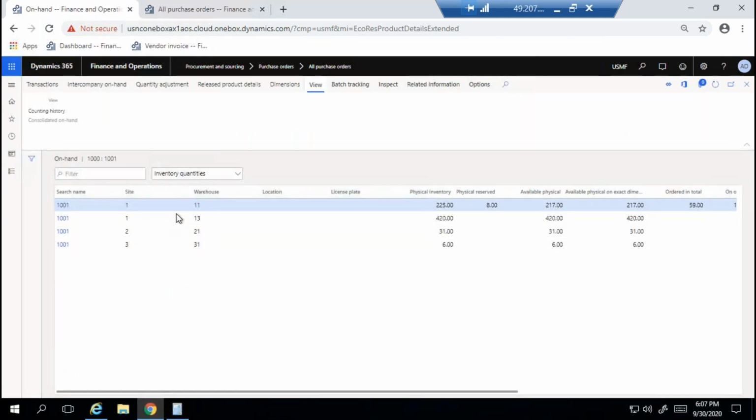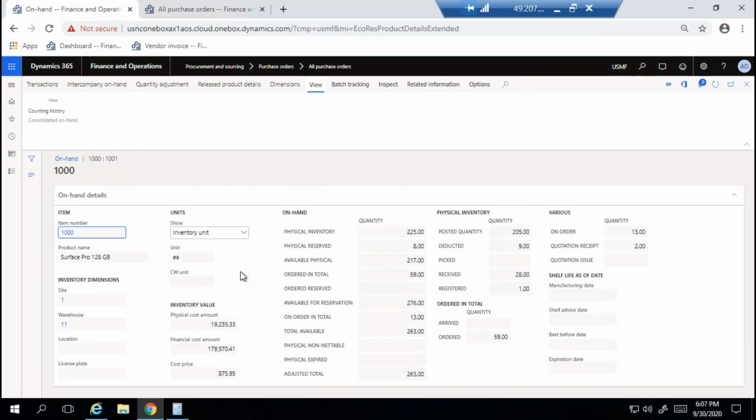So for this 11, it is 875.95, the cost price. So now here, purchase return means indirectly you are decreasing your stock.